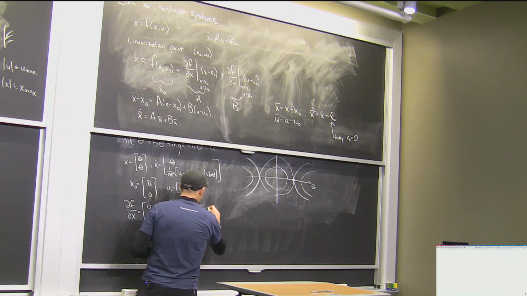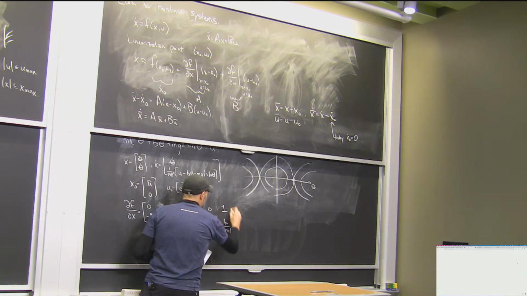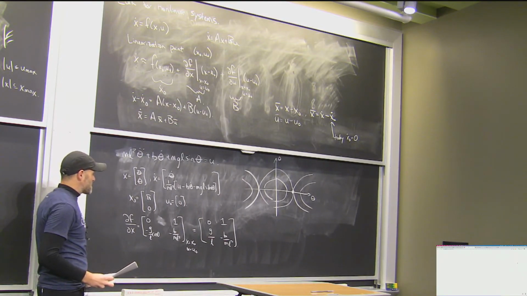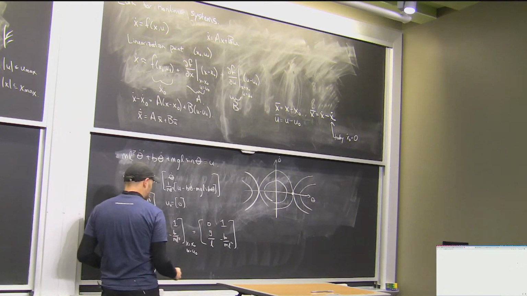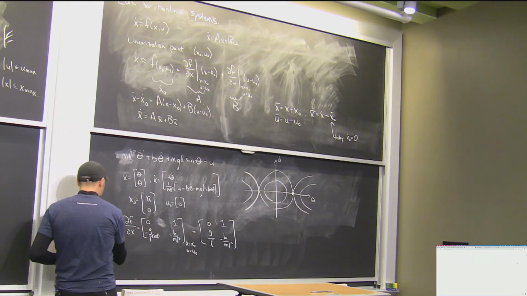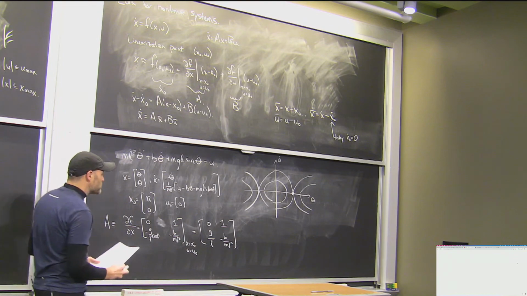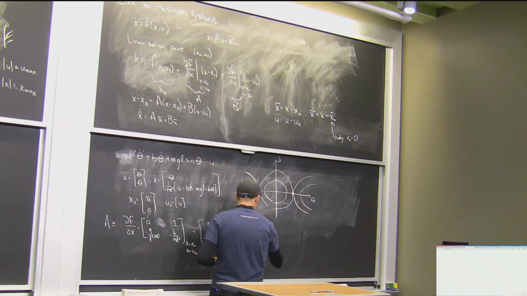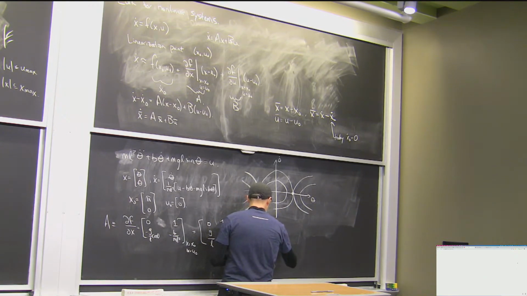I get just 0, 1, positive g over L, okay, so that's my A matrix, if you will. The B matrix similarly is just 1 over ml squared.